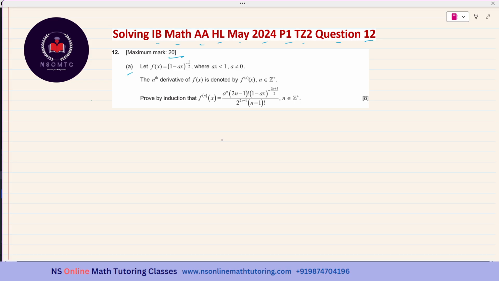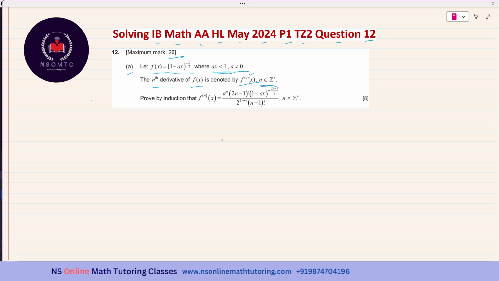So part E's question is, let f of x be equal to (1 minus ax) whole raised to the power of negative half, where ax is less than 1 and a is not equal to 0. The nth derivative of f of x is denoted by f superscript n within brackets of x, and n is a positive integer.